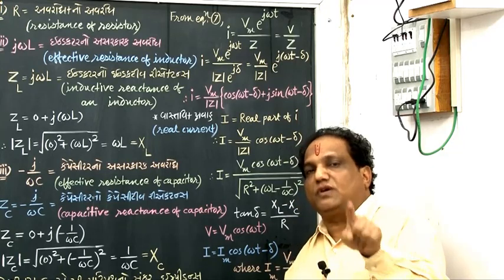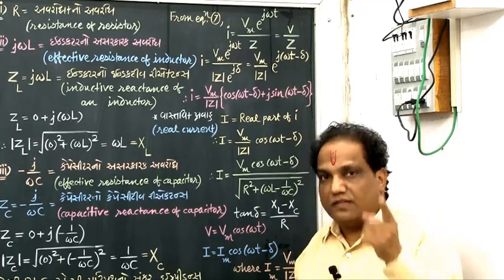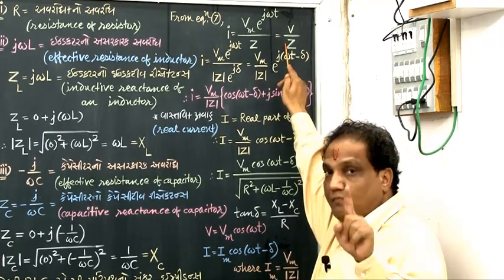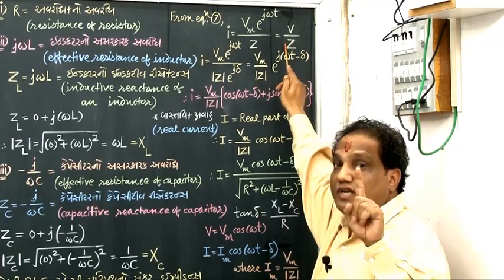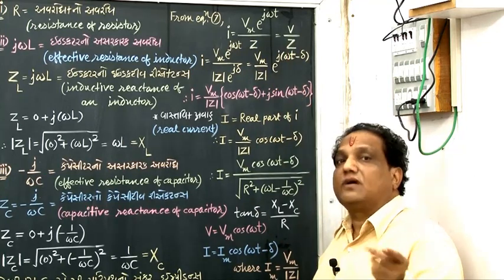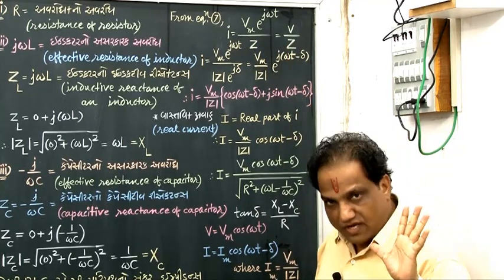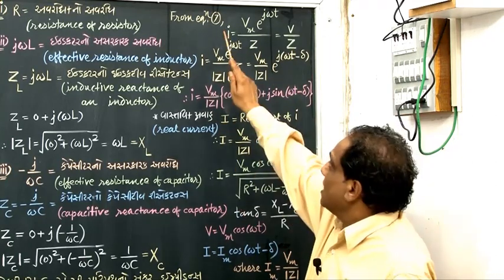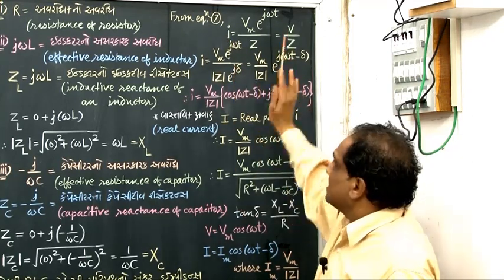But in the textbook they have shown it by capital Z. That's why I am putting capital Z here. Though it is capital, mind well, it is not a real quantity. It is, come on, a complex quantity. Okay, fine. So once again we get something like Ohm's law, current equals voltage upon resistance.